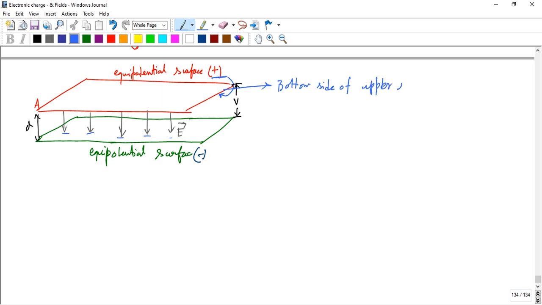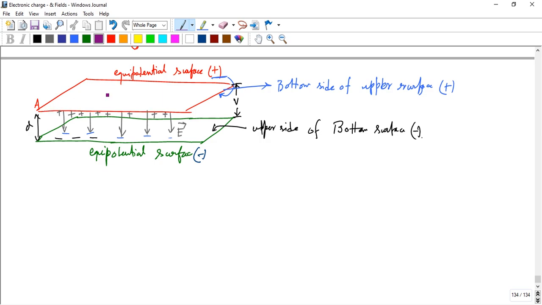And the negative charge is on the upper side of the bottom surface, the lower surface here. Clear the concept.